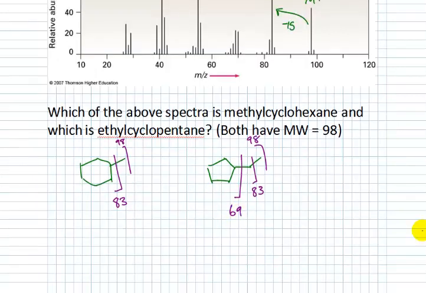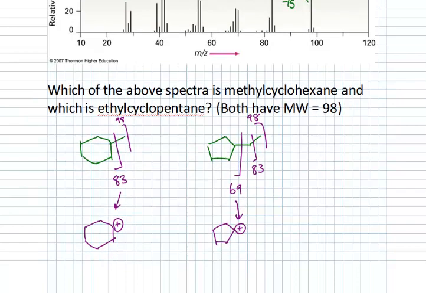I can, in fact, predict what the base peak will be in both of these. With the methyl cyclohexane, when I remove that methyl group, I end up with a cyclohexyl carbocation, okay? Secondary carbocation. When I remove ethyl from this ethyl cyclopentane, I end up with a cyclopentyl carbocation.